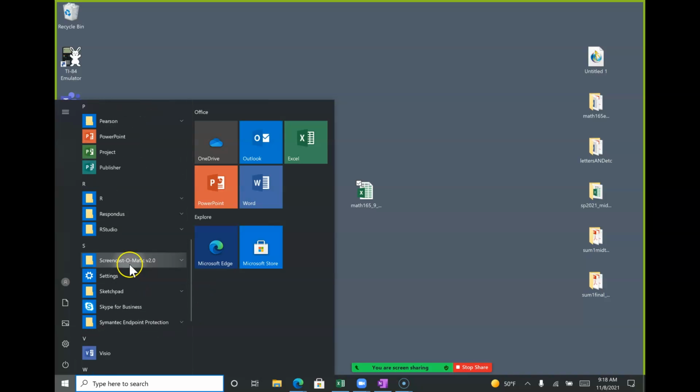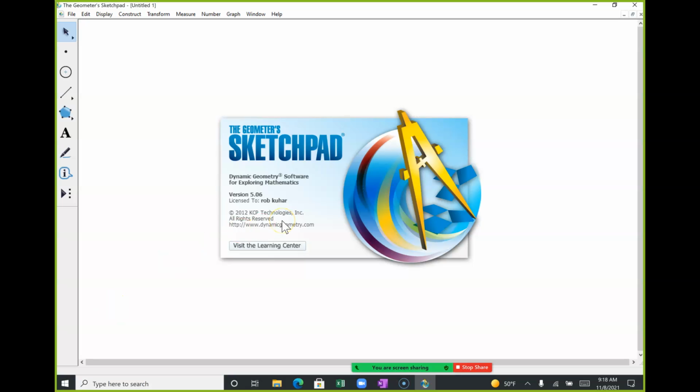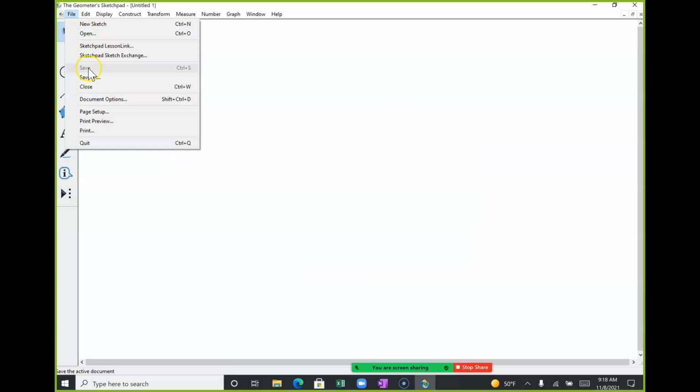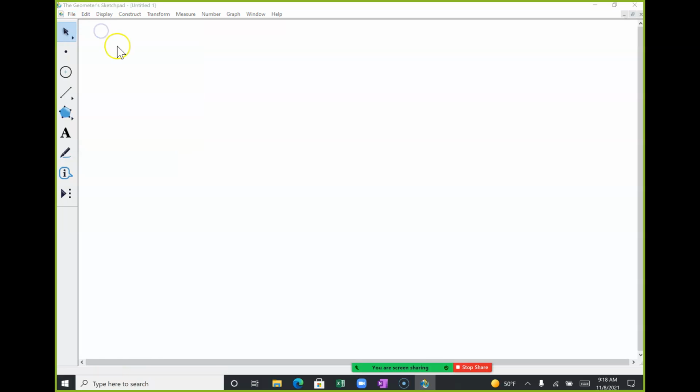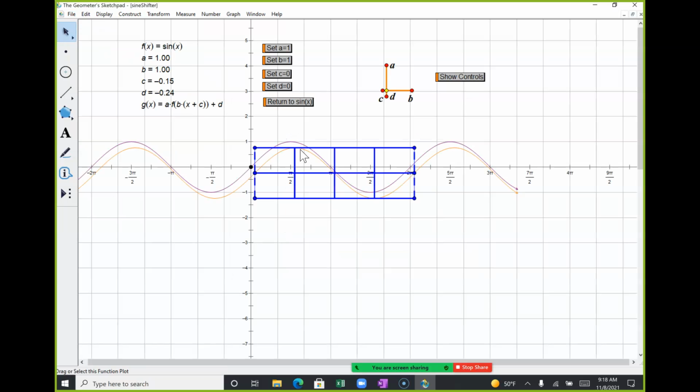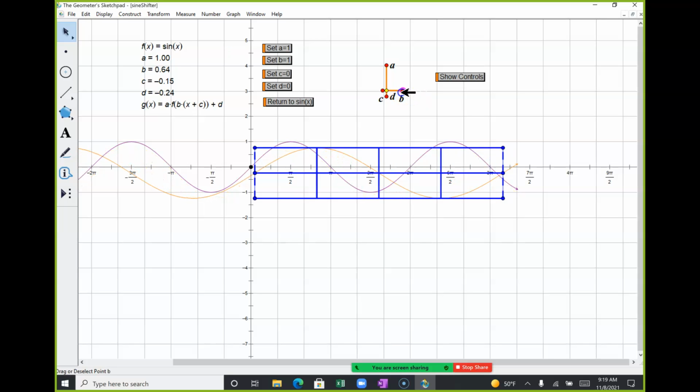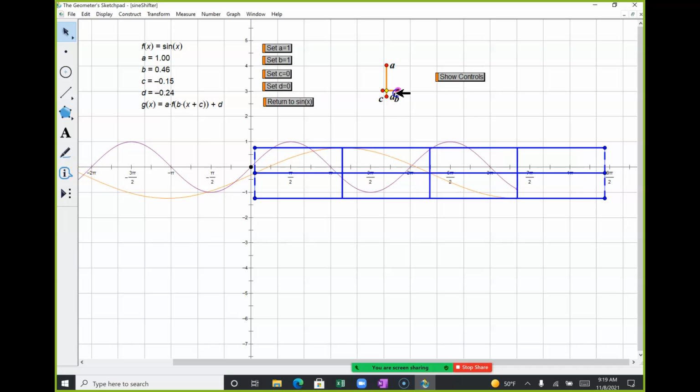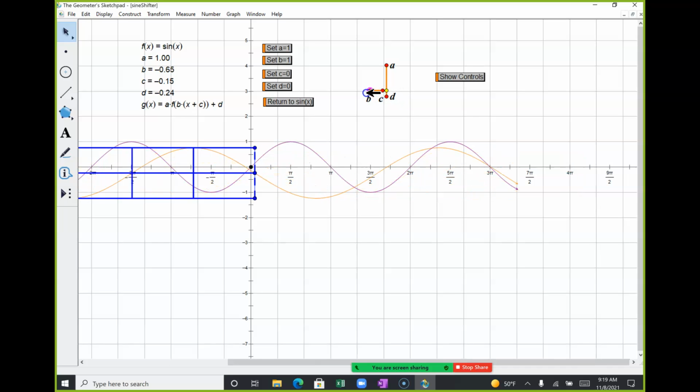But if I open my Sketchpad version of it, I'm just trying to emphasize the most difficult part of this particular problem, which is when b is negative, my rectangle moves the other way, right? So I got just my mother function and this transformed one just slightly off so you can see them both. But I'll make b negative now. And you can see, as I get closer to 0, between 0 and 1, it's stretching it out. And then as soon as I get negative, you can see my rectangle's moved the other way around the circle.